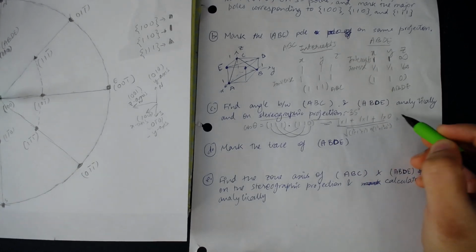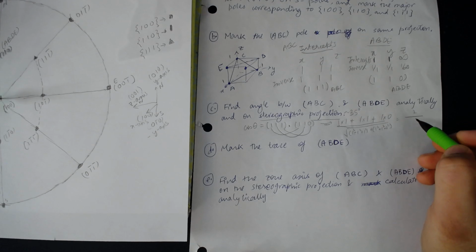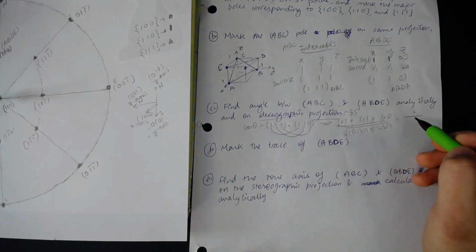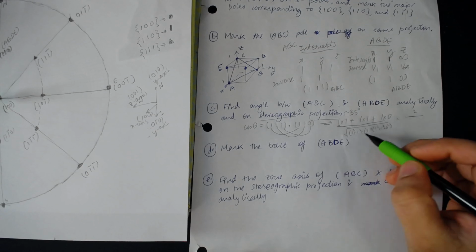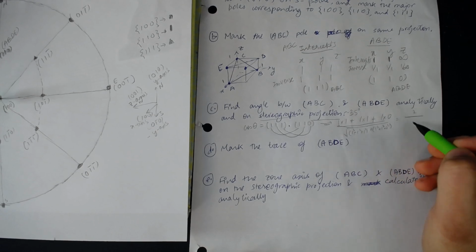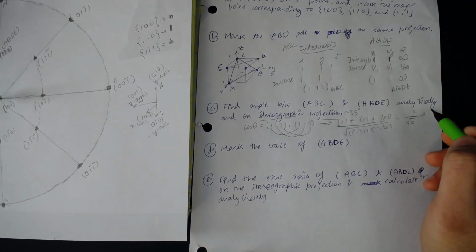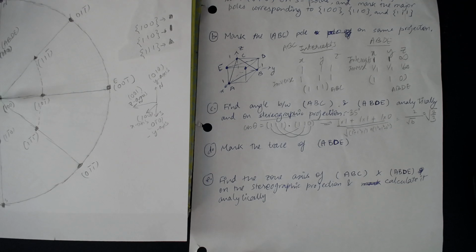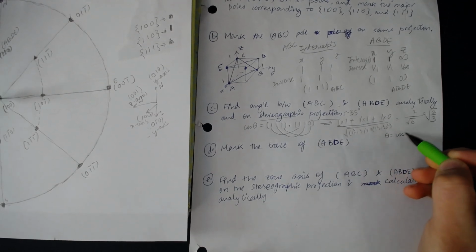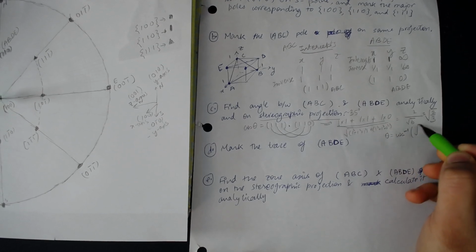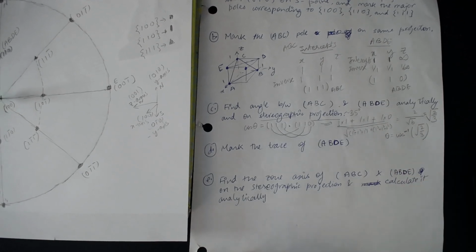So this just gives me 1 plus 1 will be 2, divided by, this will be 2, 1 plus 1 will be 2, and then this over here is 3, so root 6. So this is about root of 2 over 3. And if you have your calculators with you, you can do theta as the cosine inverse of root of 2 over 3.